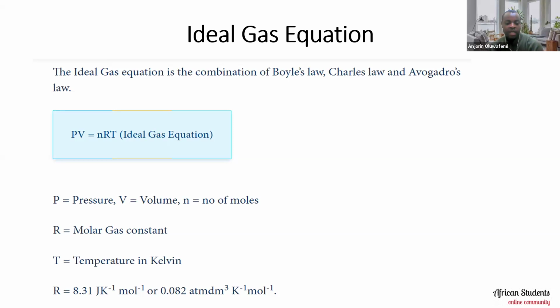R can be 8.31 joule per Kelvin per mole, or 0.082 atmosphere litre per Kelvin per mole, as the case may be. So that's the ideal gas equation.